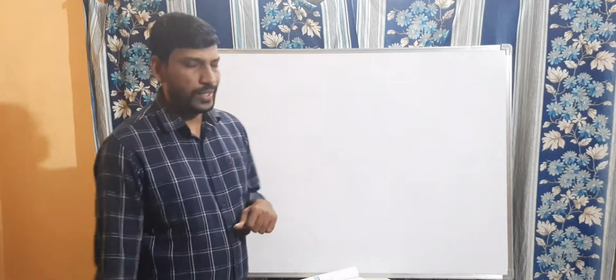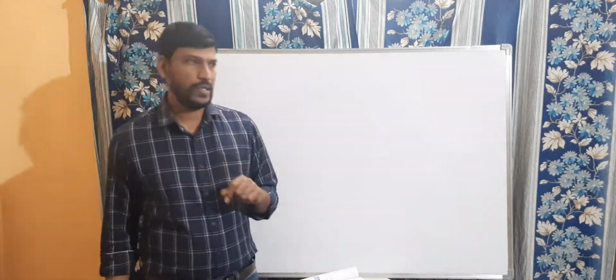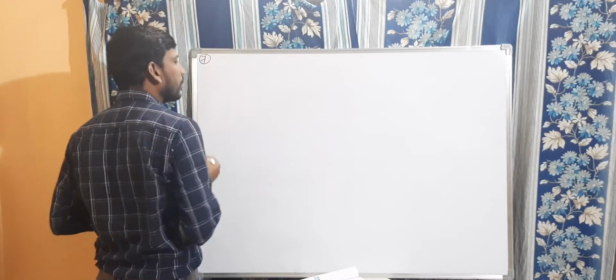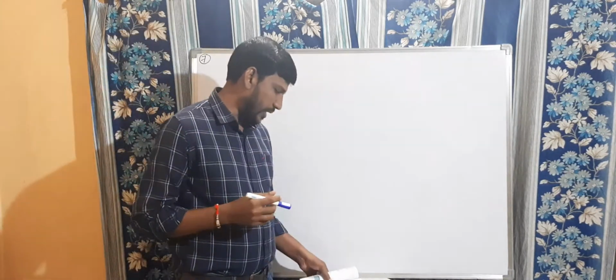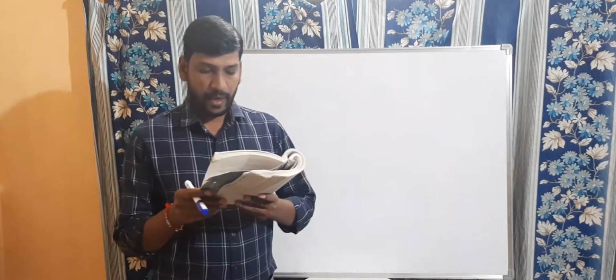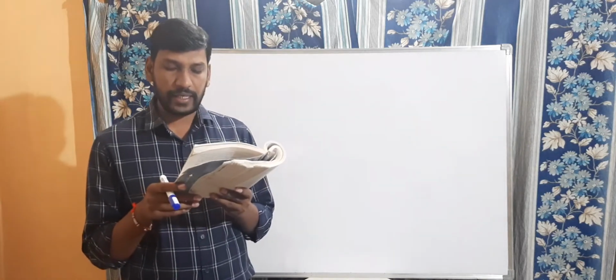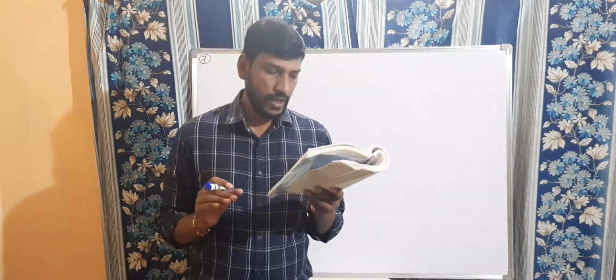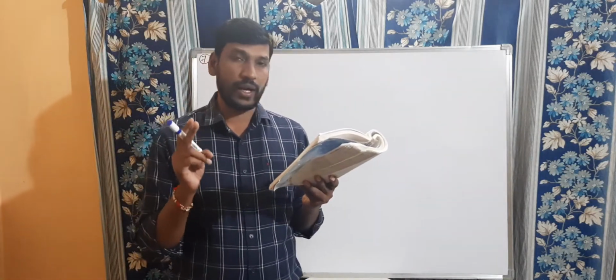Right children, let us discuss question number 7. A little bit big problem, but very easy. I am going to read the question here. Shanti Sweets stall was placing an order for making cardboard boxes for packing their sweets. 2 sizes of boxes were required.